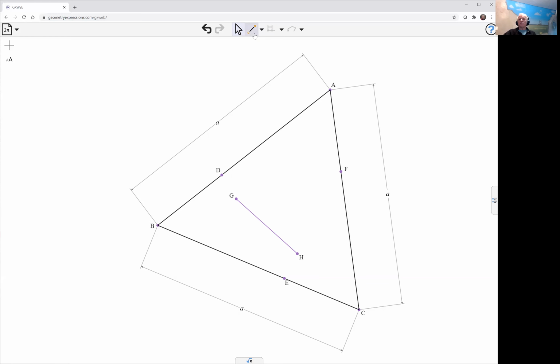Now I'm going to draw the lines that start to define our cubic Bezier. So these first two lines, this one is proportion T along here, and this one is proportion T along here.